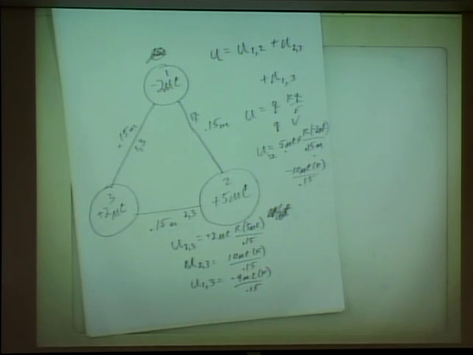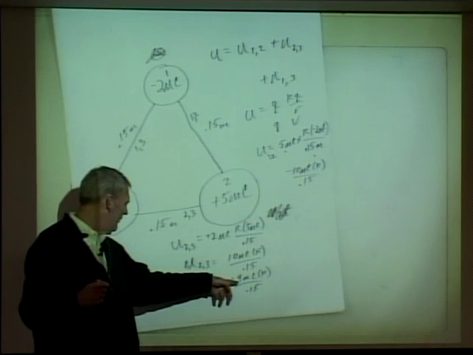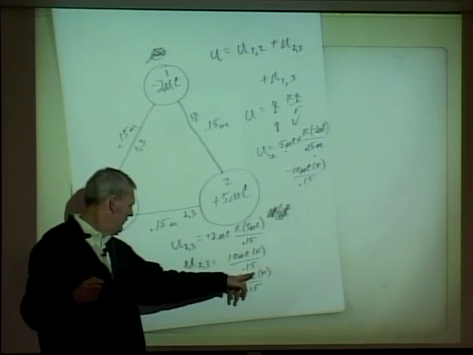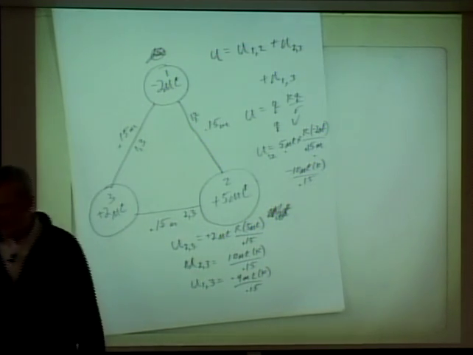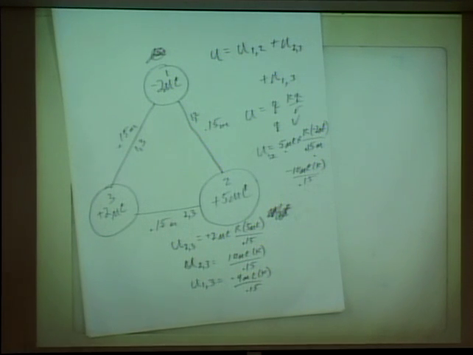I add all those together, and what do I get for my energy? Negative 4 microcoulombs K over 0.15. So this guy has, that's weird. That's kind of funny. We did it right. I know we did.